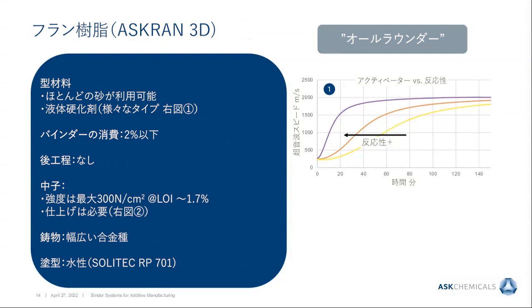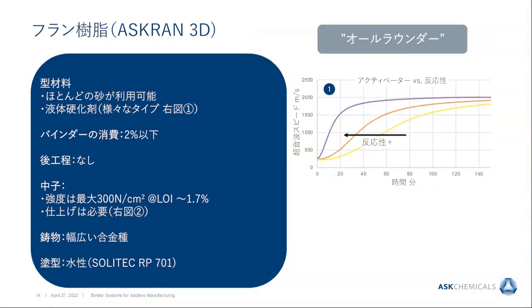So on the left side, you can see a graph which shows the hardening speed of different systems, where the activator is actually used to adjust the reactivity of the system and therefore adjust the process times necessary.